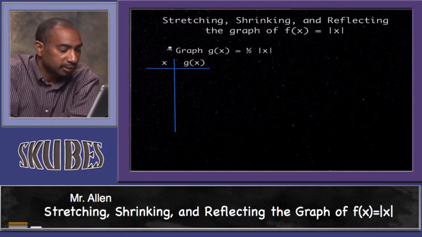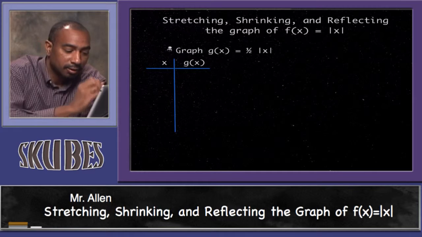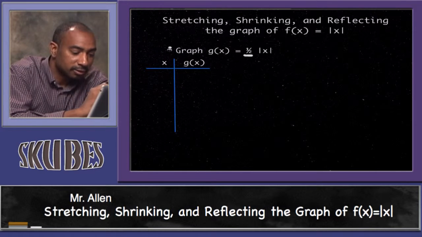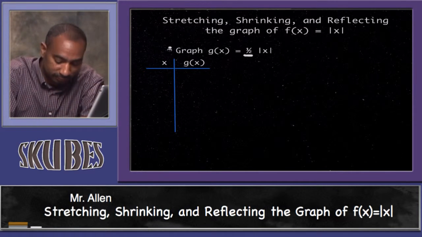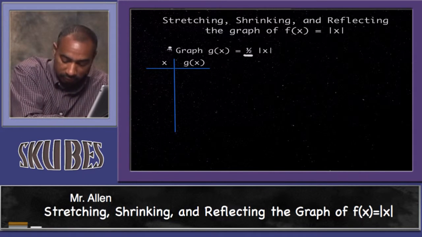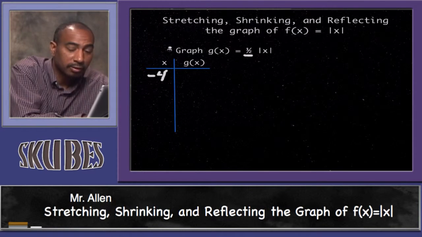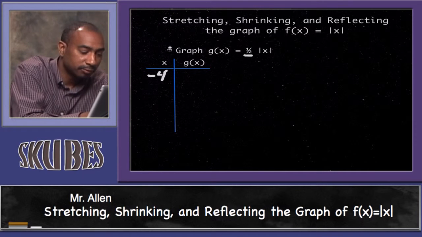Okay, graph g of x equals 1/2 times absolute value of x. What happens when the constant is 1/2? Let's say I pick an even number, -4. The absolute value of -4 is +4, and half of 4 is 2.